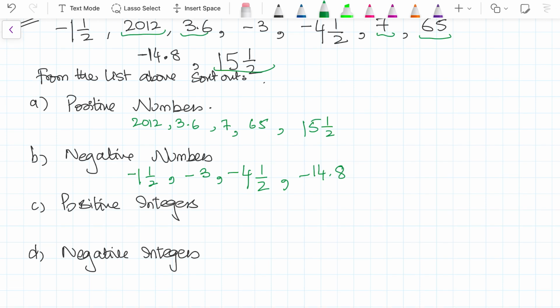Now what are positive integers? From the positive numbers, let's pick out positive integers which are only whole numbers: 2012, 7 and 65. Negative integers are going to be -3, that's it, because the rest of them are all fractional and decimal numbers.